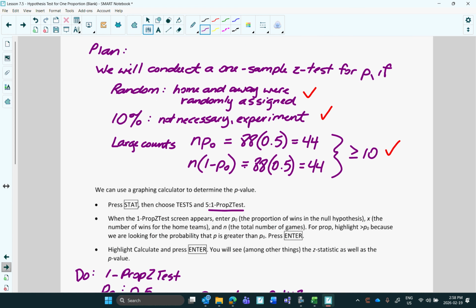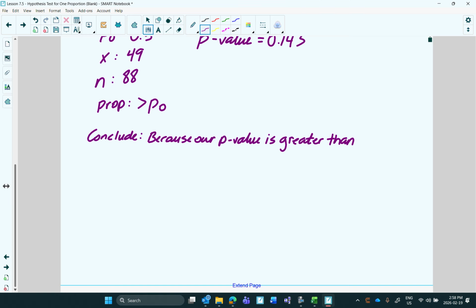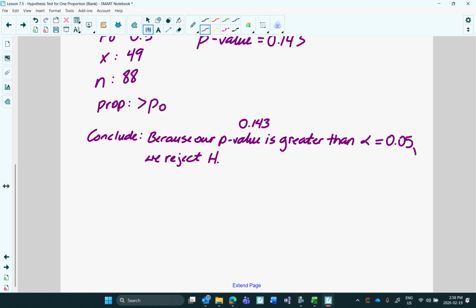So because our p-value is greater than alpha of 0.05, and remember this was 0.143, we fail to reject H0. And then you have to follow this up.